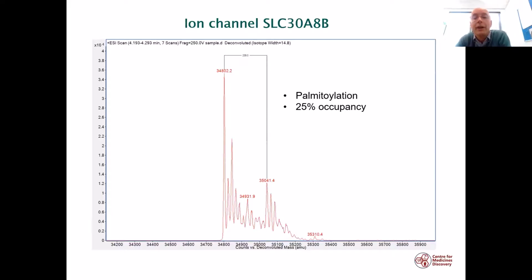Well, the answer to that is you've just discovered it. Most labs don't do intact mass analysis of membrane proteins, so the palmitoylation is not known. So don't expect UniProt to necessarily know what the post-translational modifications are. This is the first description of palmitoylation for SLC30.